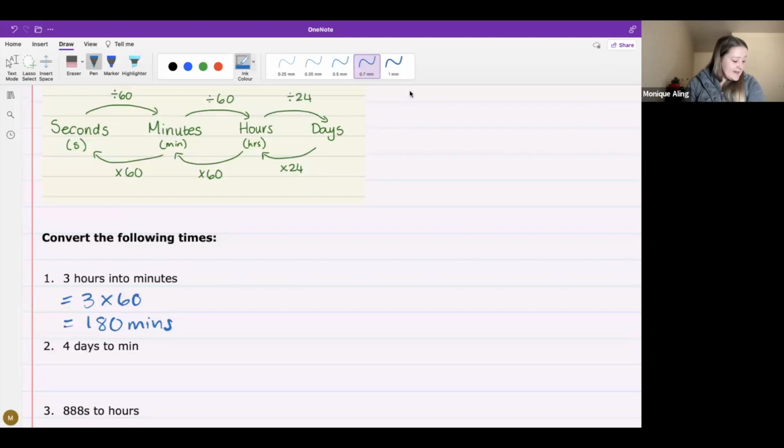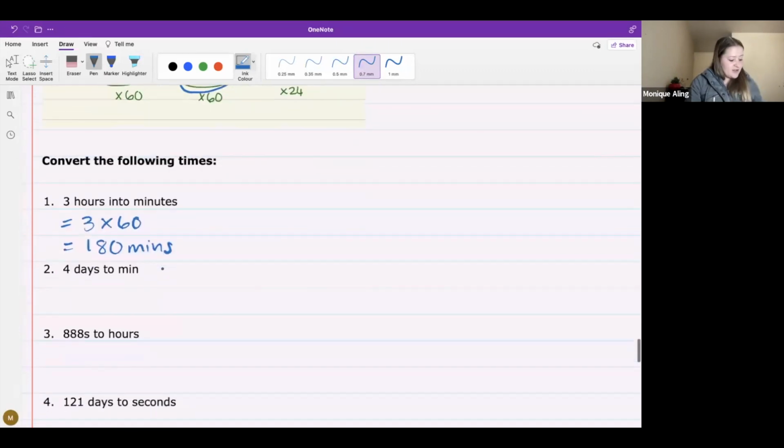Just quickly, if we're looking at our diagram, we're going from days, so it's times by 24 times by 60, 2 steps, 2 jumps according to the diagram. So 4 times 24 times 60, and you all did fantastic. 5,760 minutes. Well done.